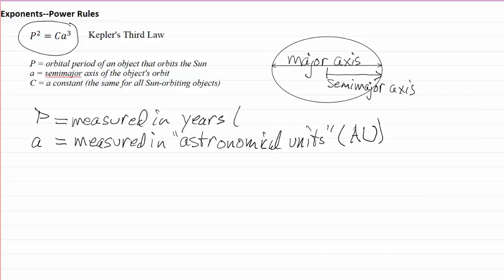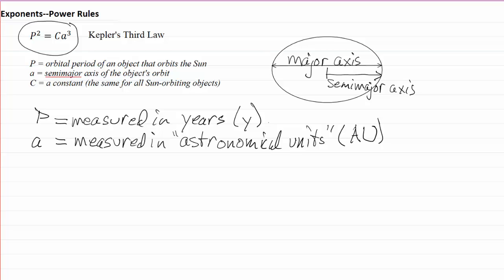The abbreviation for a year is just plain Y. It turns out that the constant C is the same for all things that orbit the sun. Kepler only studied planets, but it happens to be true for asteroids. These weren't discovered for 200 years after Kepler was working on this problem, so he wouldn't have known about them. And it's also true for things like comets. All of these things that orbit the sun have the same value for C.